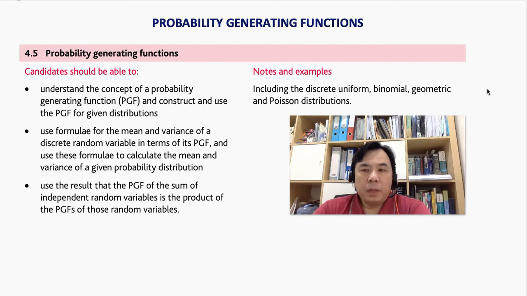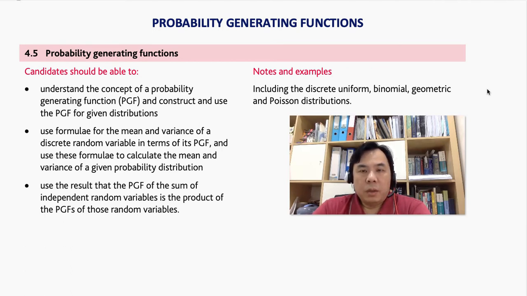Right. And then the last section in our syllabus would be that students would use the result that the probability generating functions to evaluate the sum of independent random variables. All right, it could be more than two random variables.